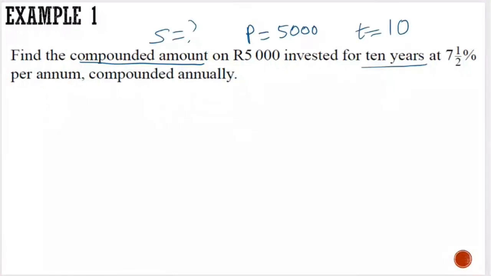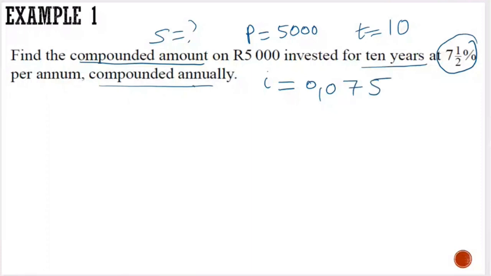Your T there is 10, and then you've got your interest here. Your interest is per annum compounded annually. So your interest here is 0.075. It is compounded annually. When something is compounded annually, your M is just equal to 1, because annually is once.